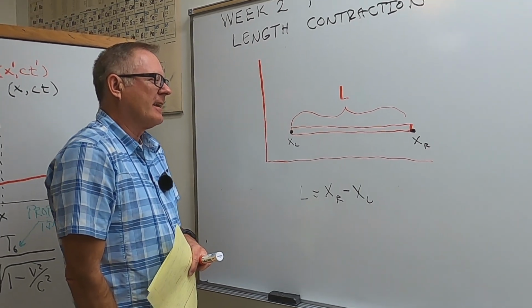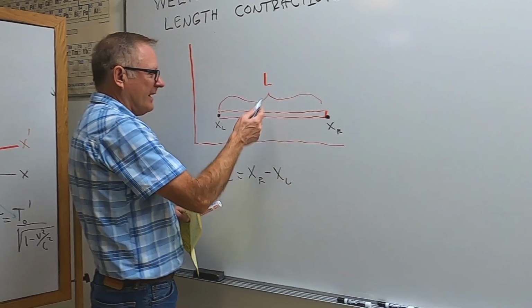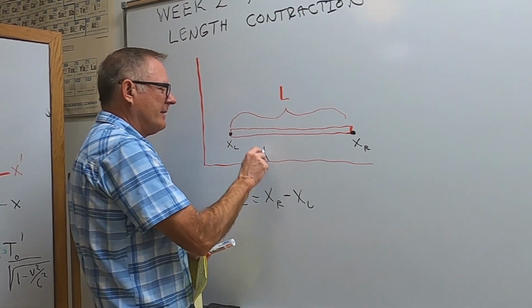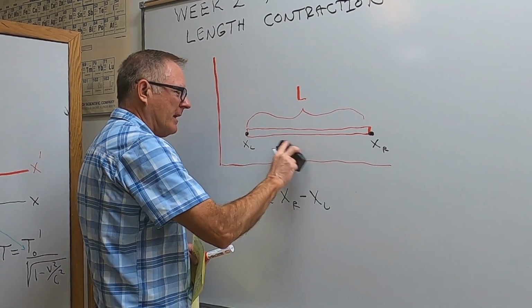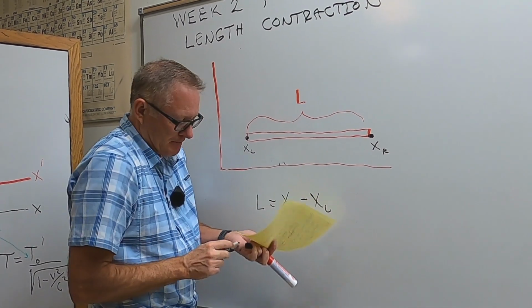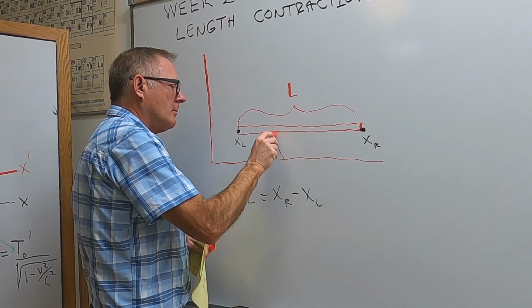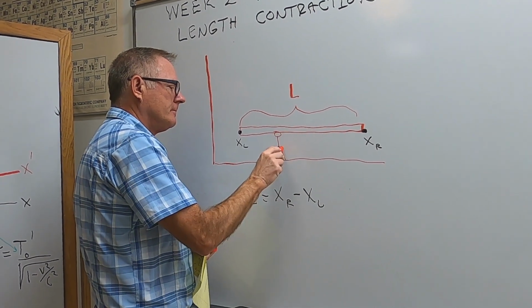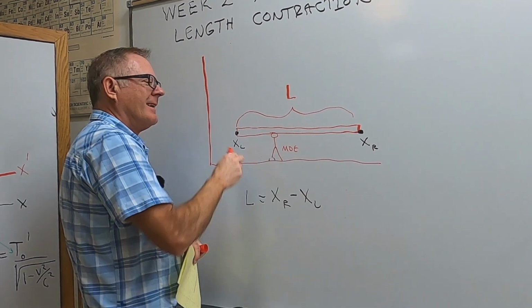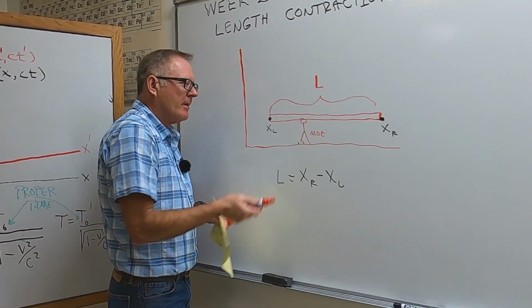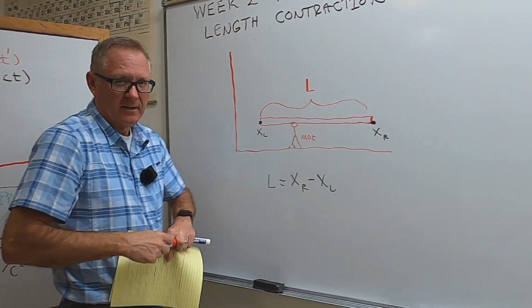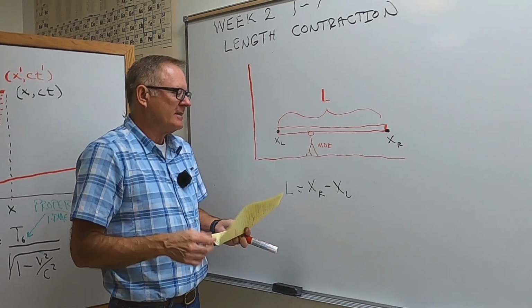Now, this stick, for Mo standing here, maybe Mo's the one carrying it. There's Mo, I guess I should make him in red. He's carrying the stick. To him, this stick is not moving. This stick is at rest to him.